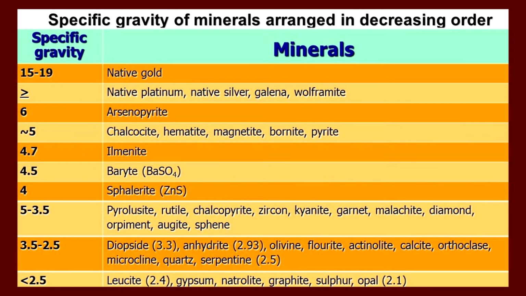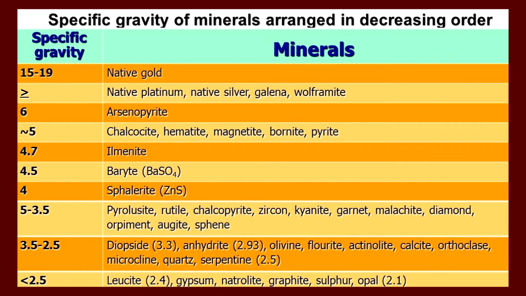Then specific gravity less than 15 is also given, which is of native platinum, native silver, galena, wolframite. These are the important minerals which show specific gravity less than 15.